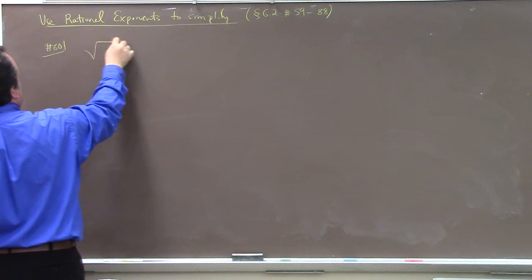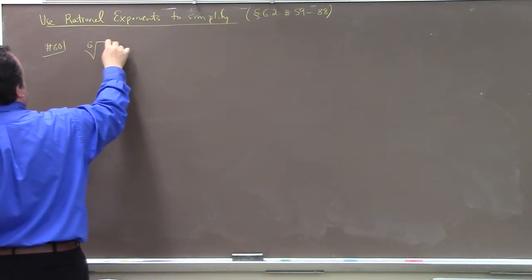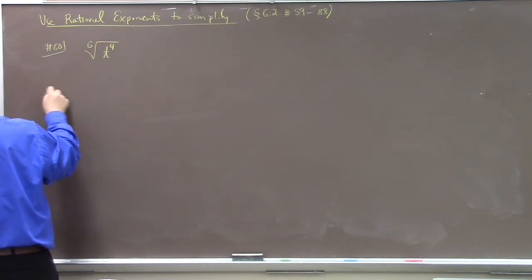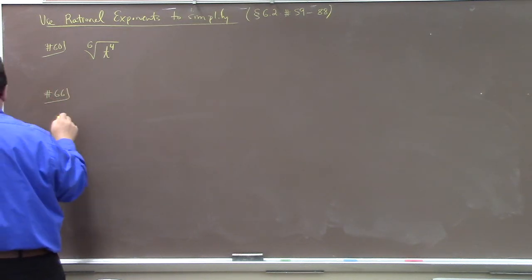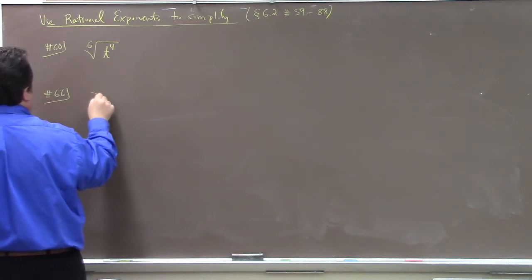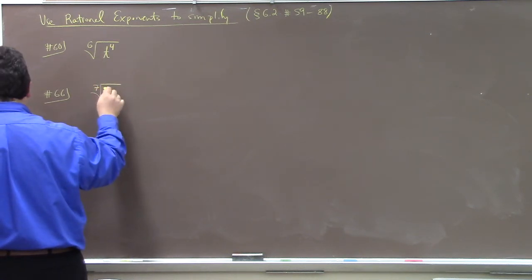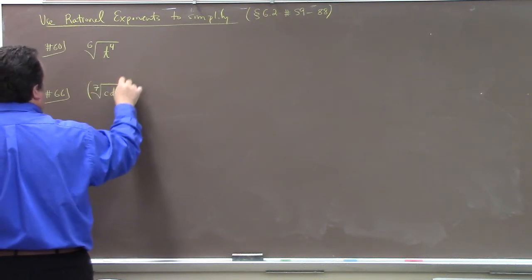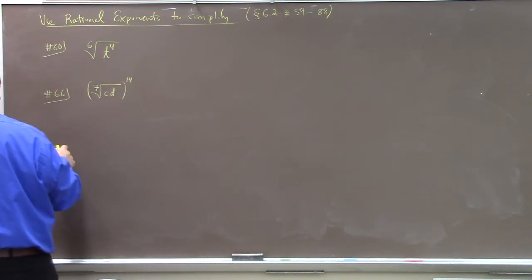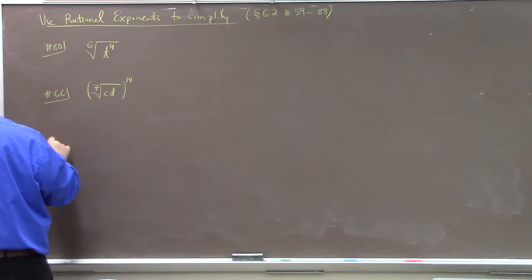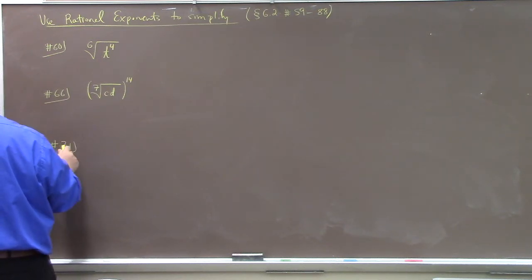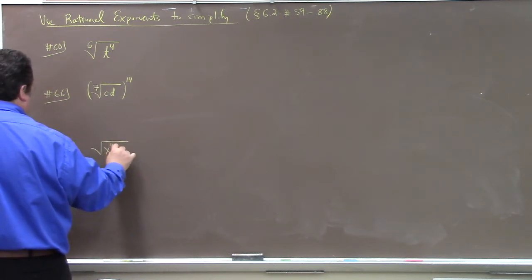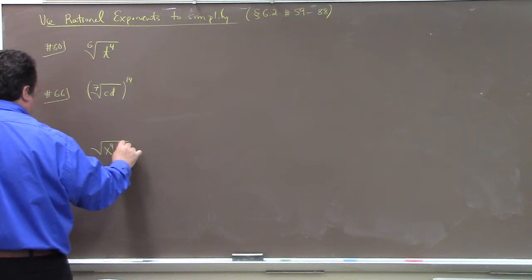We have the sixth root of t to the fourth. Number 66. We have the seventh root of cd to the 14th power. Number 71. We have the square root of x to the fourth y to the sixth.